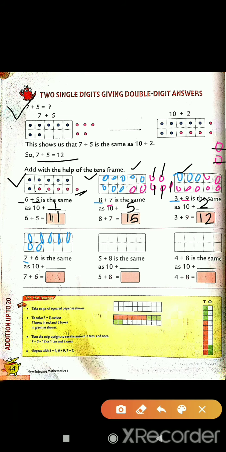How many pink balls are there? 6. So 1, 2, 3. Then outside the box, 4, 5, 6. Got it, students? So this is a box of 10.